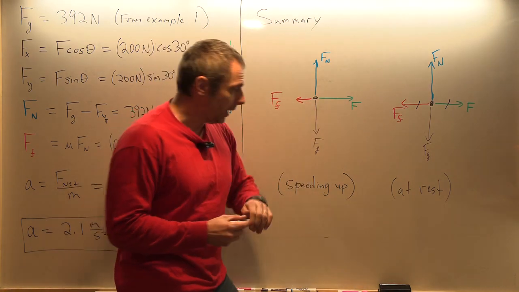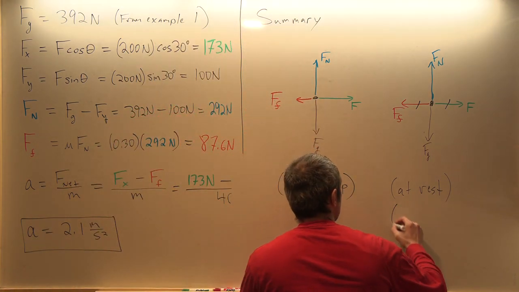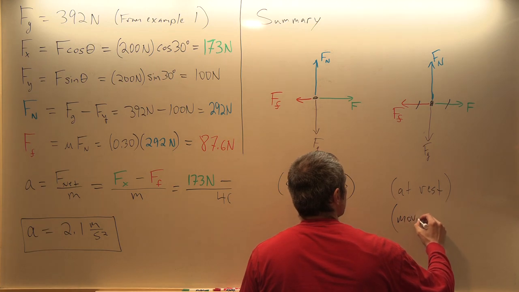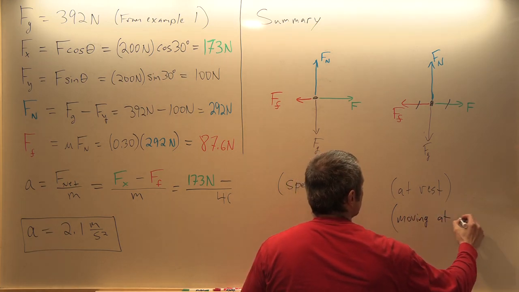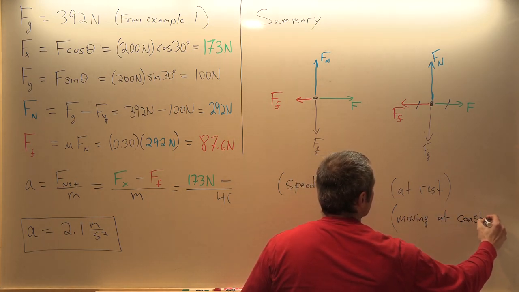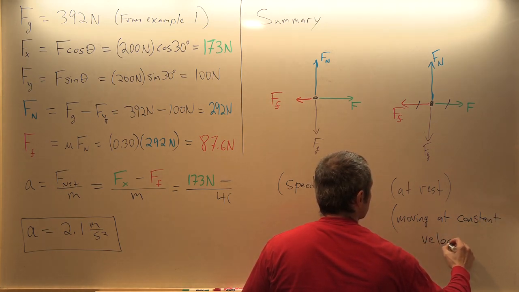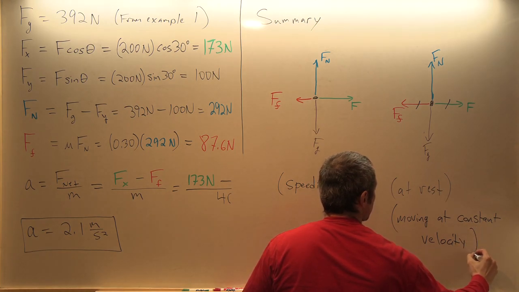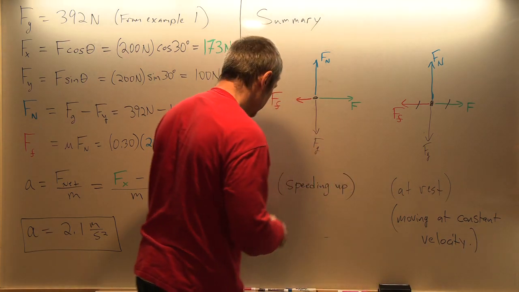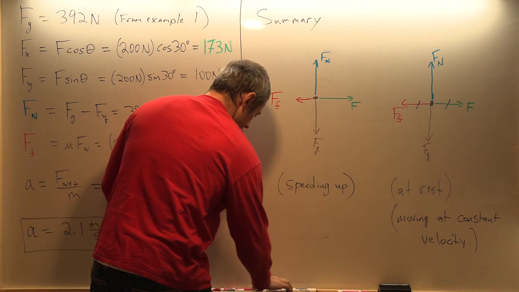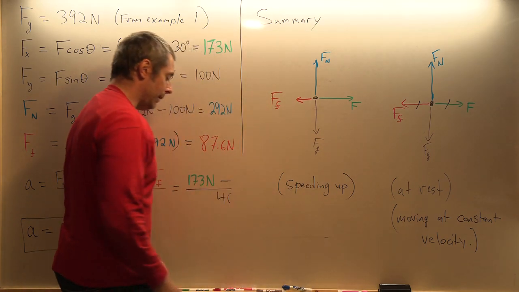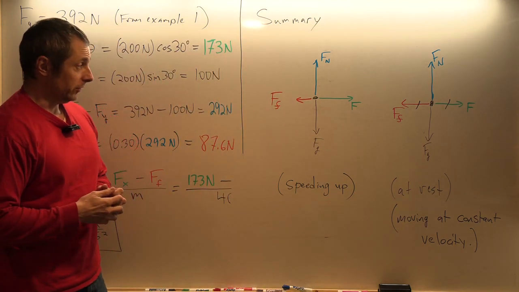But the other possibility is it's moving at constant velocity. When you see those words, constant velocity, that should be a trigger about forces balancing because acceleration is 0.